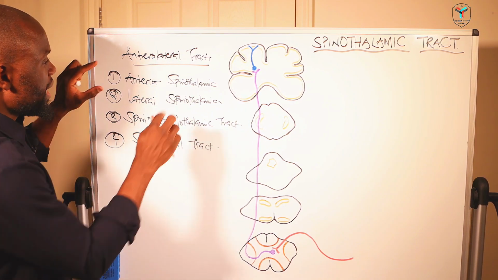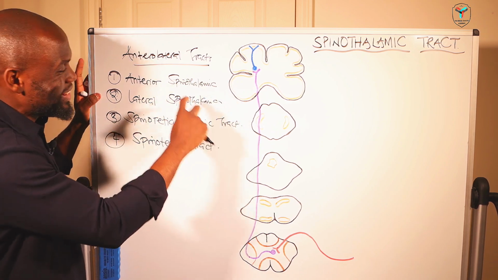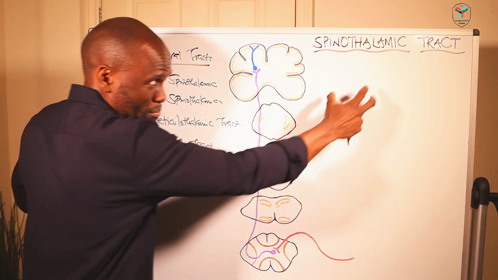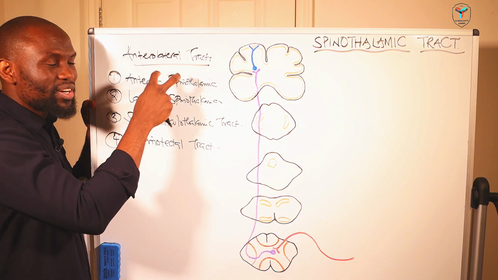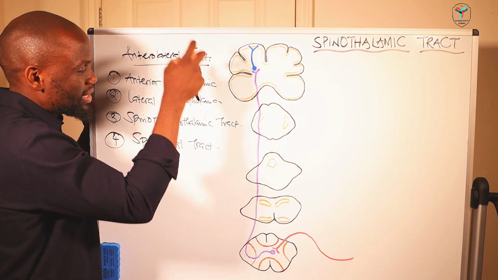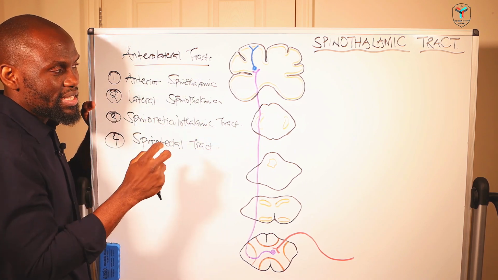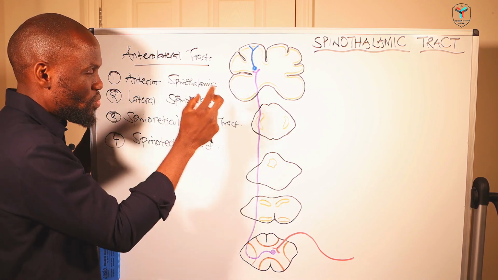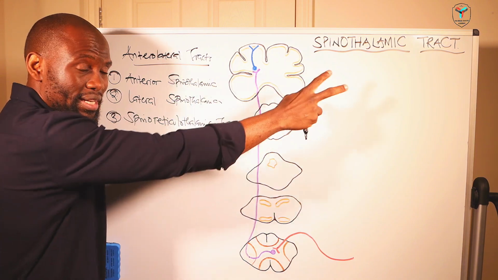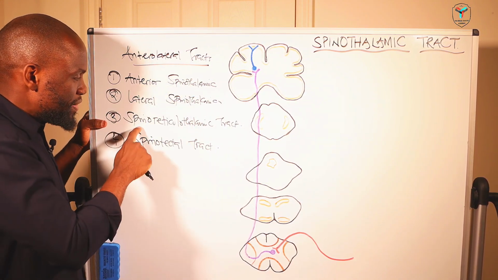Okay, so in brief, we have the anterior and the lateral spinothalamic tract. Now, these tracts, we're going to look at them in more detail because they run in the same tract indistinctively, and that is why in most cases they are referred to as one tract. So we will look at that when we look at the spinothalamic tract, because that is what we will be concentrating on.